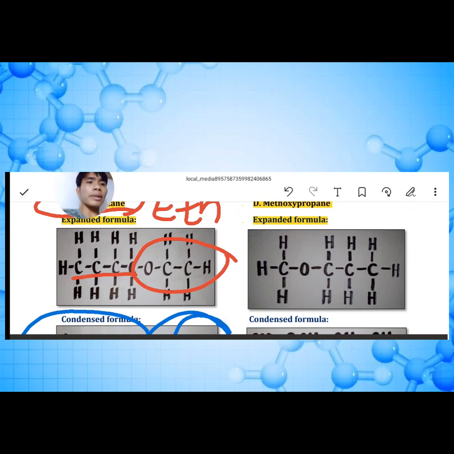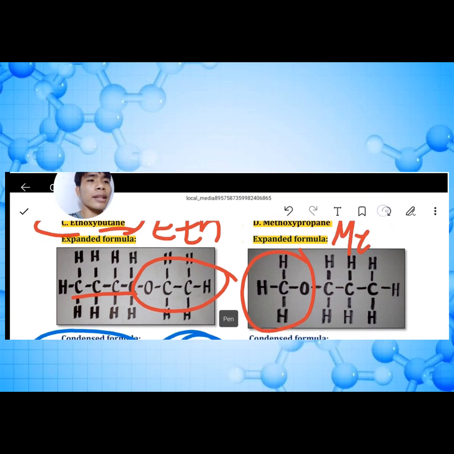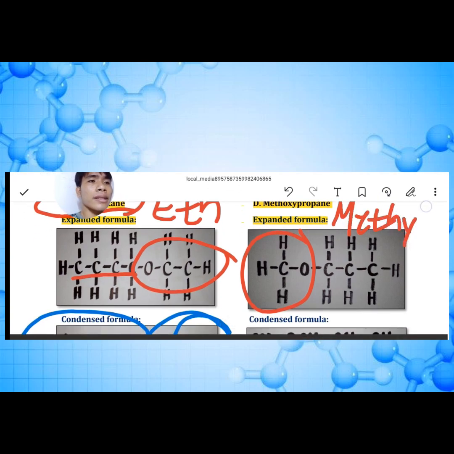Its expanded formula is, since methoxy is the oxygen substituent of the methyl group, methyl composed of 1 carbon bonded with the oxygen, or CH3.